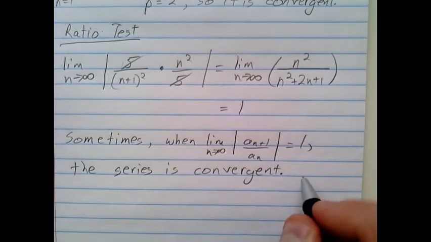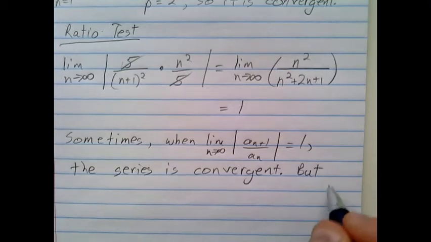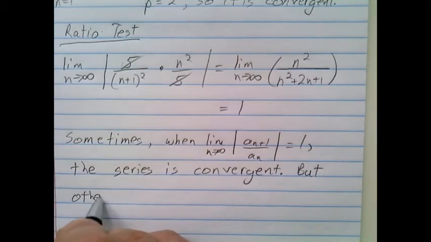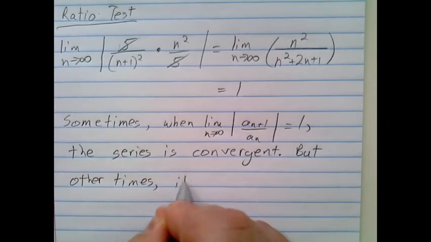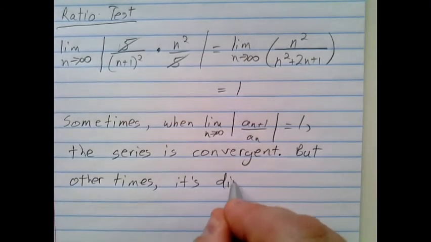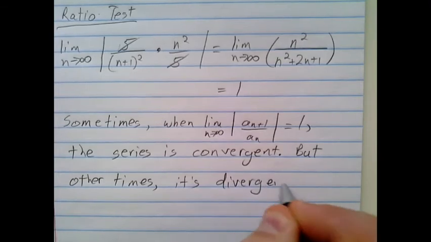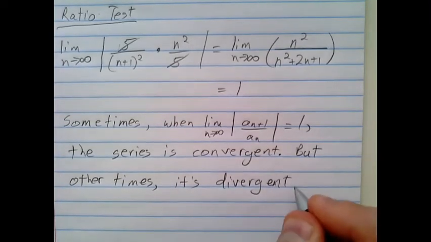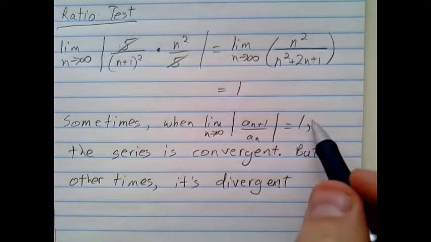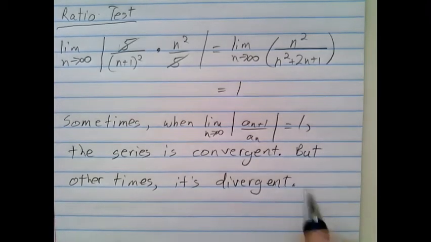Okay, but other times it's divergent. And that's the reason that we say we can't draw any conclusions when that limit is 1.